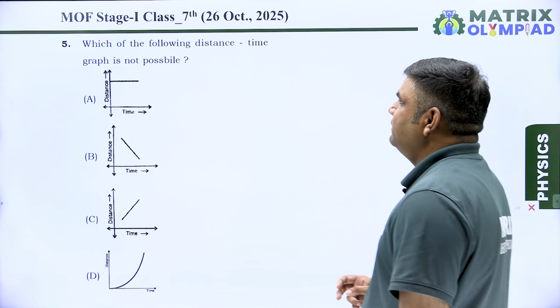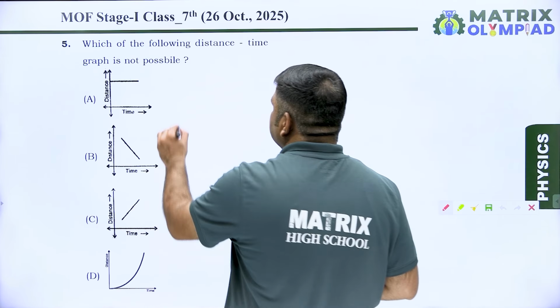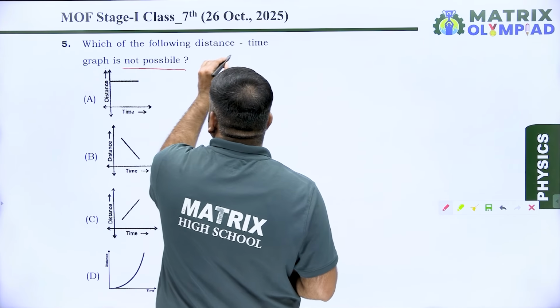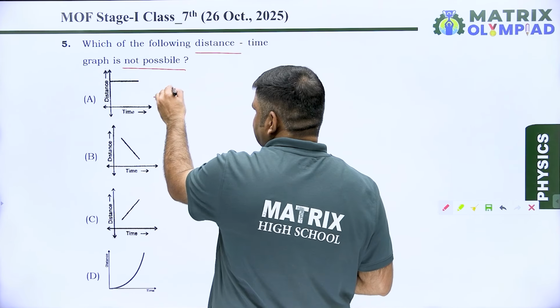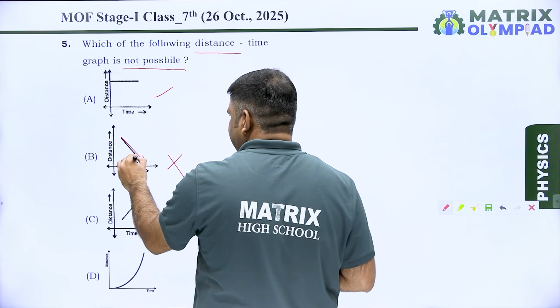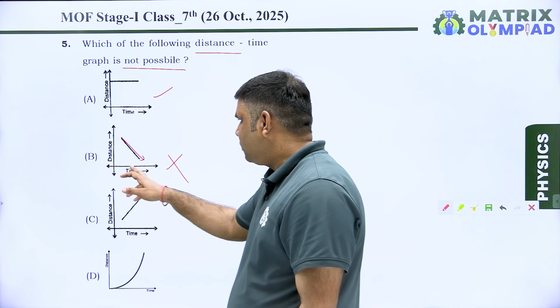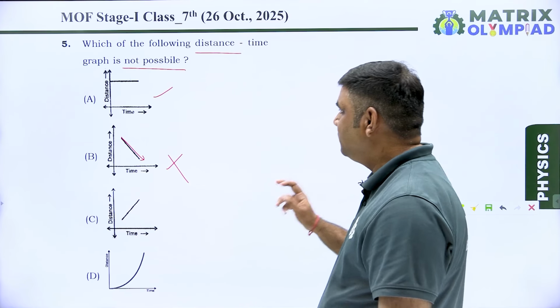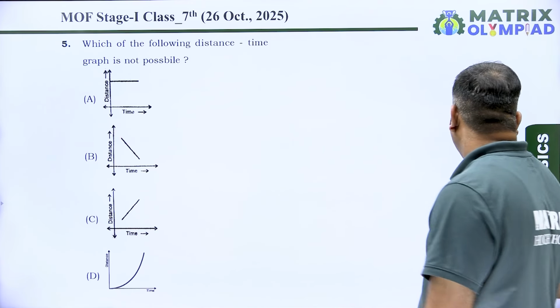Which of the following distance time graphs is not possible? We know that distance cannot be negative, so it is constant. It can be possible. B cannot be possible because the graph is going downward, and distance cannot be negative. So our correct answer will be option B of question number 5.